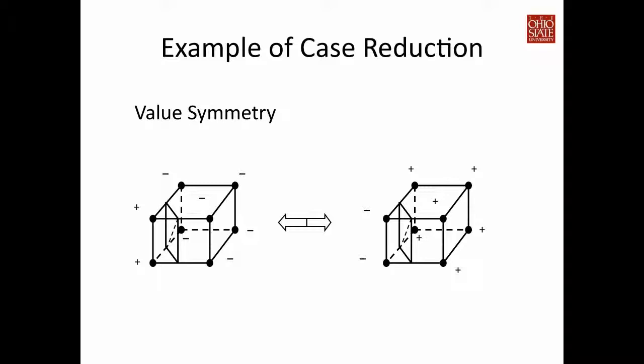In terms of the topology of the surface patch, they will be the same, because you get the same intersection points, and we connect those points in the same way. This is what we call value symmetry. From the 256 cases, you can find multiple cases that belong to this value symmetry, and topologically speaking, they can be represented by a single case.